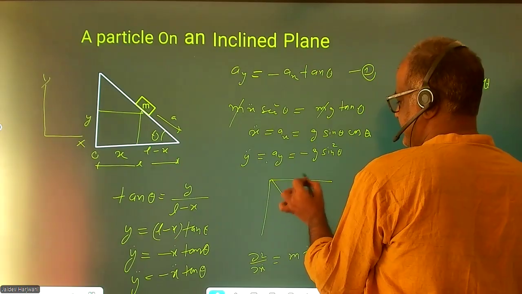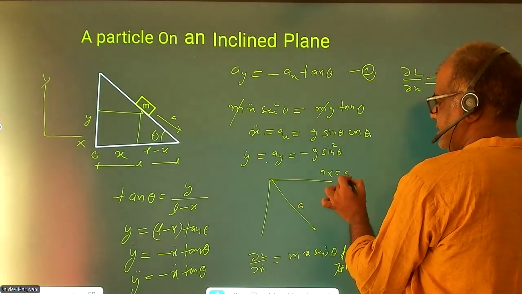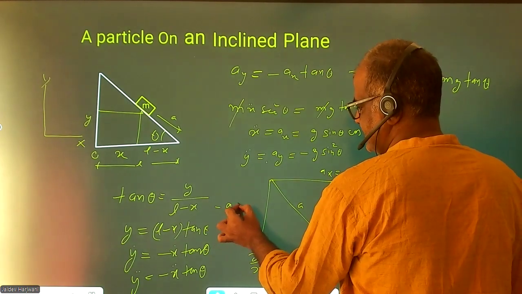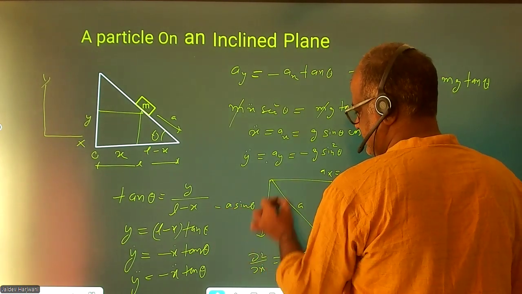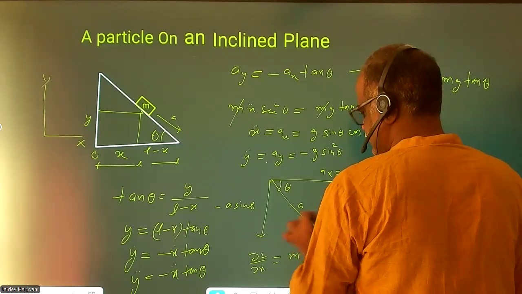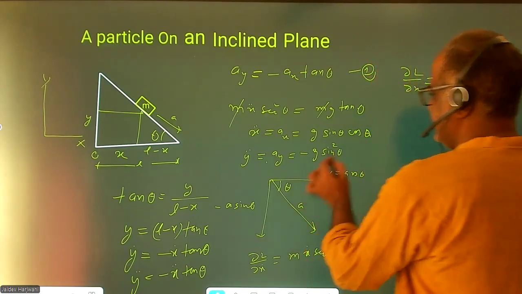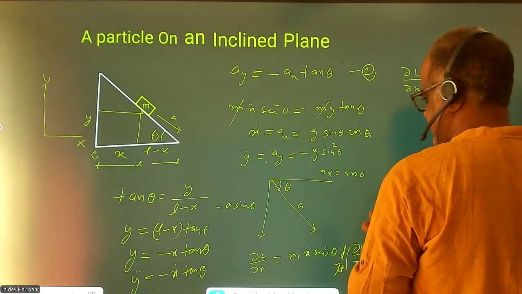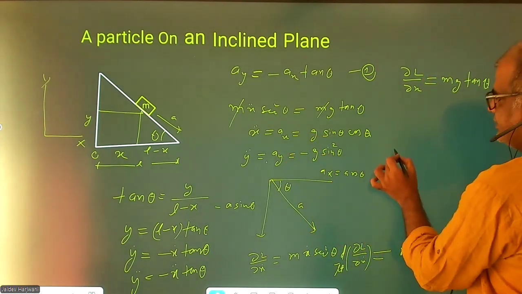This component ax is basically a cos theta, and this is minus a sine theta. From here I can find the value of a, or I can calculate the magnitude.